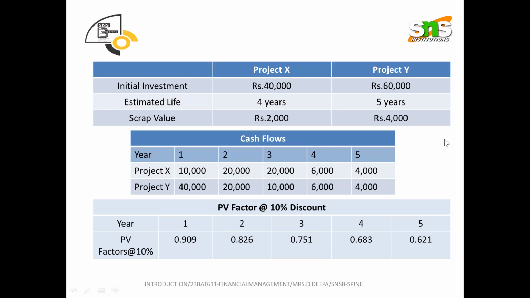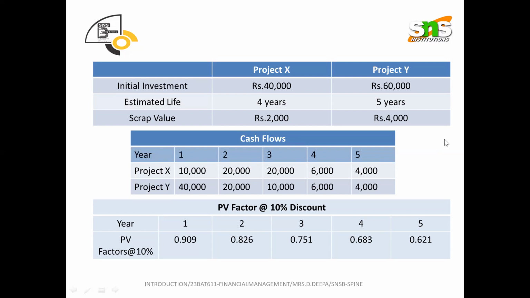The data given here starts with the initial investment. Of course, we need the initial investment. For the first project it is 40,000, and for the second project it is 60,000. The estimated life is given as 4 years and 5 years. The scrap value for the first project is 2,000, and for the second project it is 4,000.